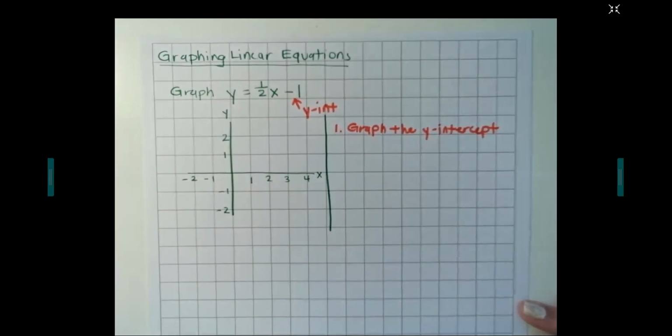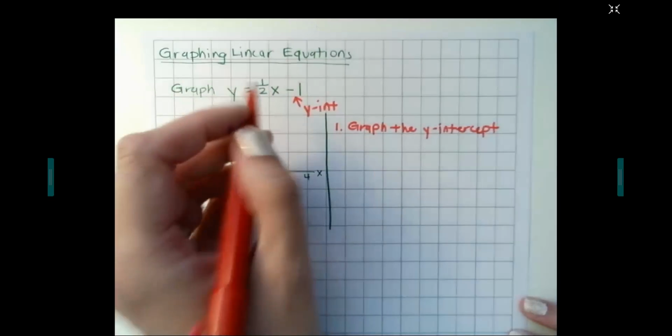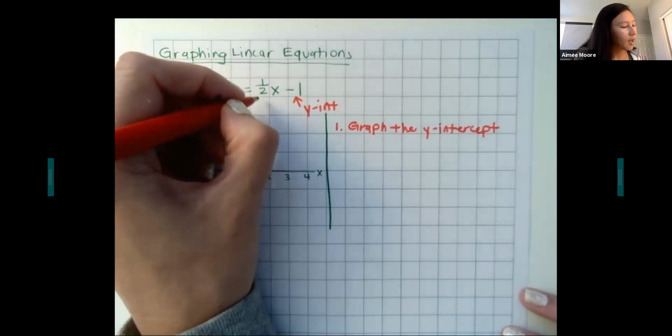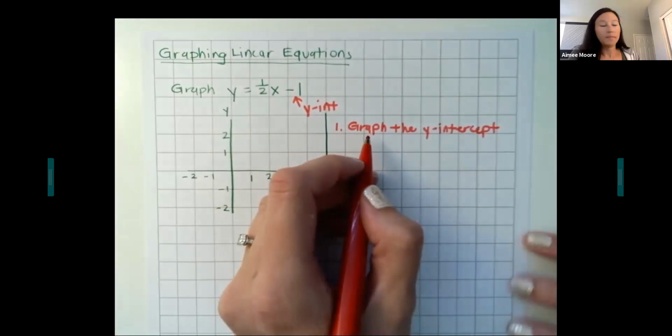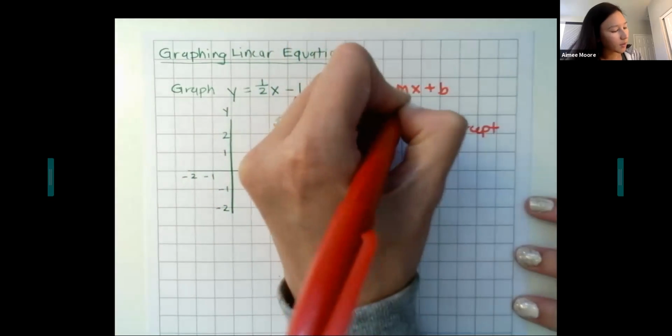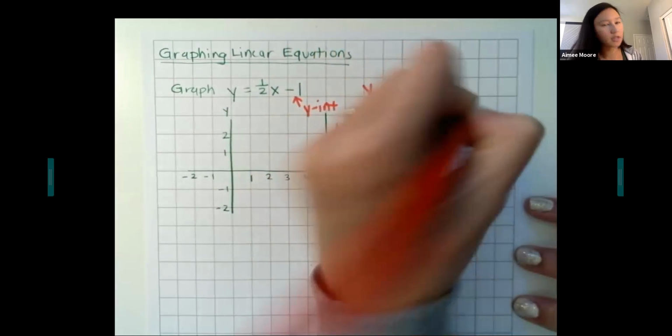So that means the b is the 1, and then the other one is the 1/4. So basically just trying to find the points, right? Yeah. Okay. So remember, y equals mx plus b. So m tells us the slope and b tells us the y-intercept.